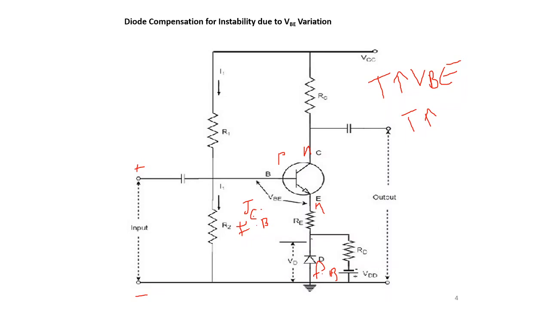So the same type of material should be used for this case of the designing. If you use silicon, you have to use the diode also of silicon type material only. So when the temperature increases, the VD voltage is also going to increment by the same amount. Okay. Next, we will see how the circuit has been compensated.